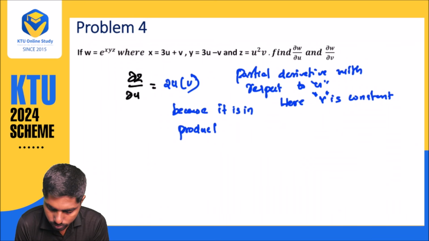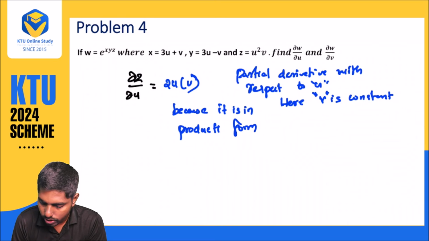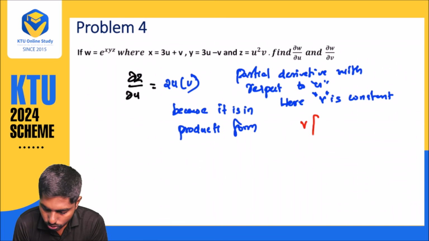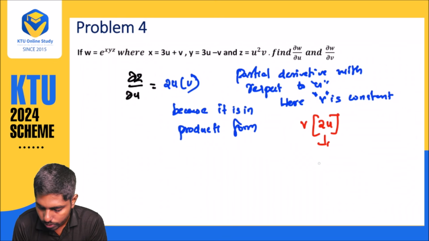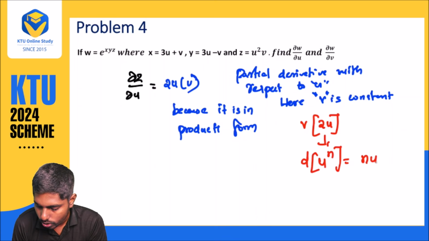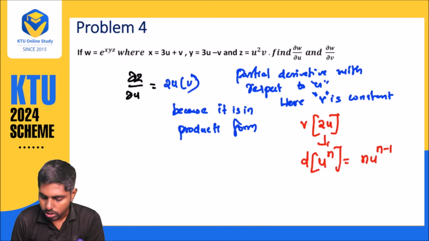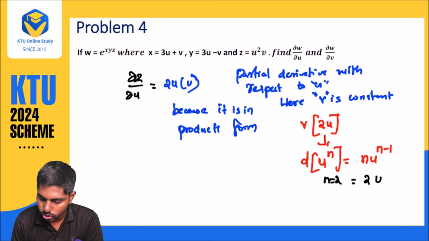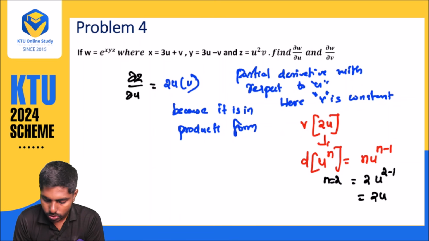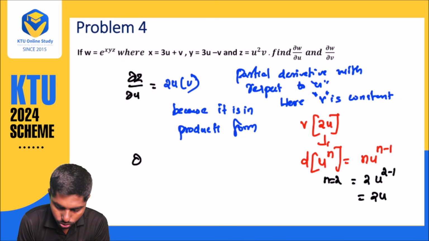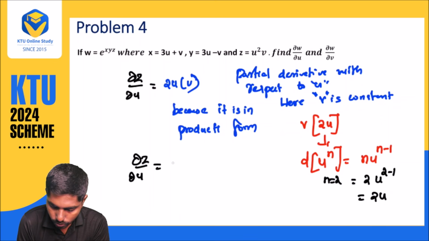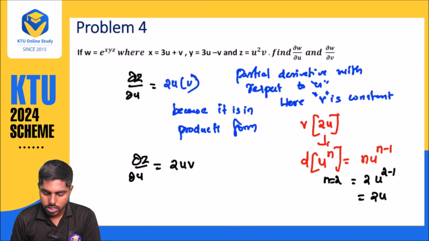So v into, when you differentiate u squared, it becomes 2u. The formula is that the differentiation of u power n is n into u power n minus 1. Here n equals 2, so we get 2 into u power 2 minus 1, which is 2u. Since v is constant, ∂z/∂u is equal to 2uv. This is the answer we are getting.